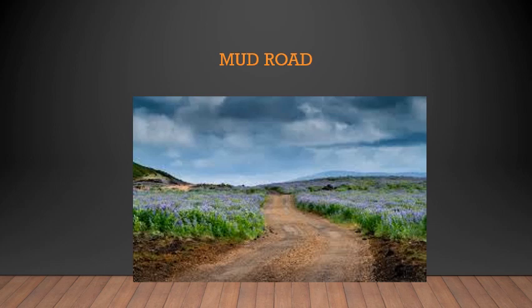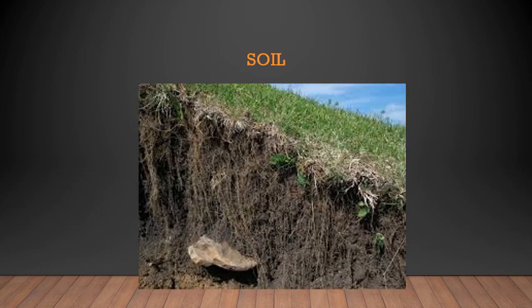I'm sure each one of you must have experienced such places like a garden or a beach or a mud road. So soil is a substance where plants grow. Where do plants grow? Plants grow on the soil only. A lot of creepy crawlies like to live in the soil. Creepy crawlies means small worms like earthworms and small insects like that.